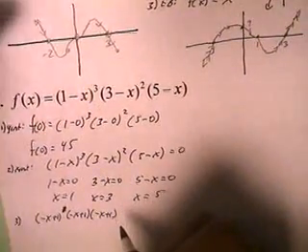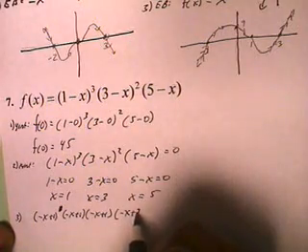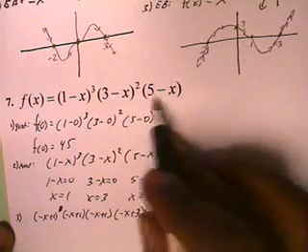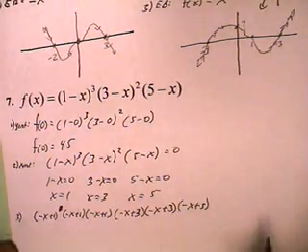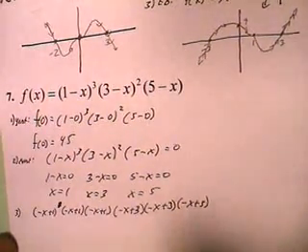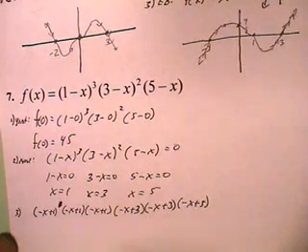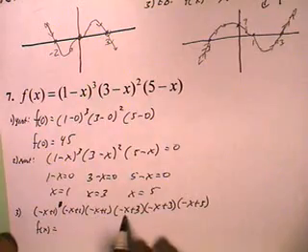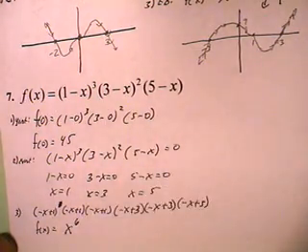The next one will be negative x plus 3, written twice. And this last one will be negative x plus 5, written once. If I were to FOIL this and multiply all my first terms, I would end up with f of x equals 1, 2, 3, 4, 5, 6 negative x's, which gives me positive x to the 6th power.